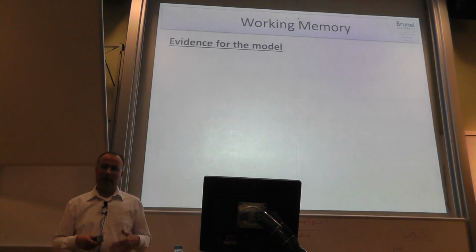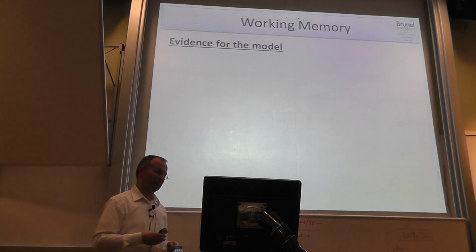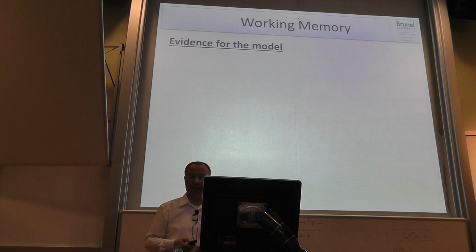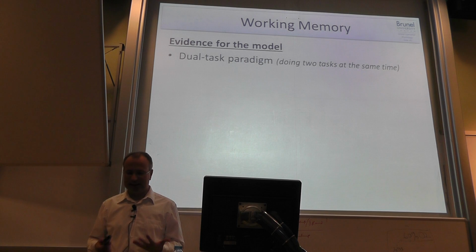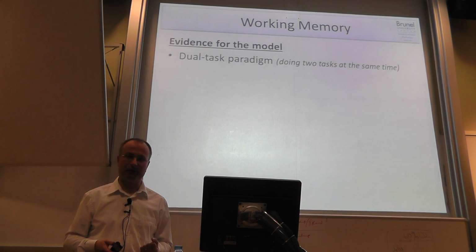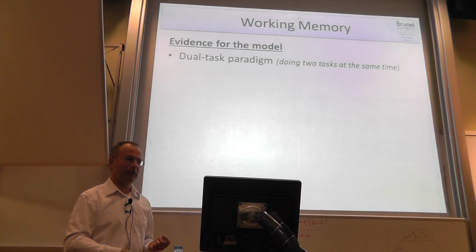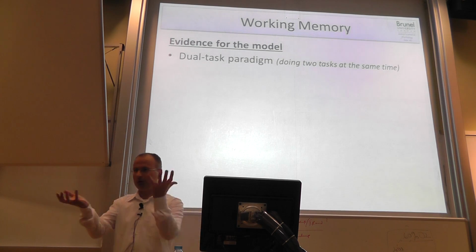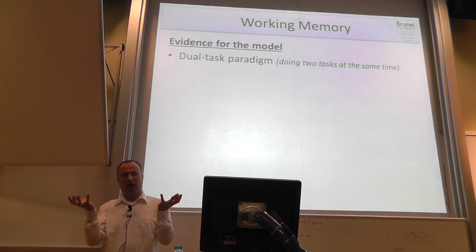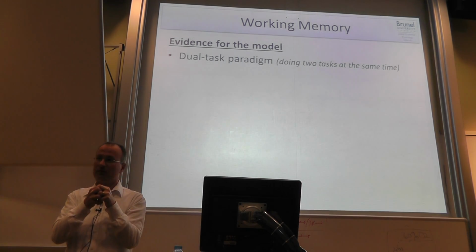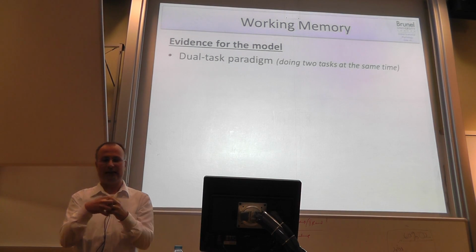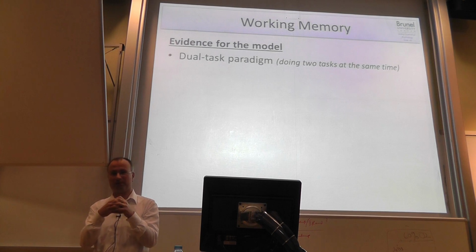Okay, there's a number of pieces of evidence, and as I said, Baddeley in particular spent a lot of time finding evidence, and the key idea is to use dual task paradigms. The assumption is, if you combine two tasks which demand the same resource, you will get interference and you become poor at the tasks.